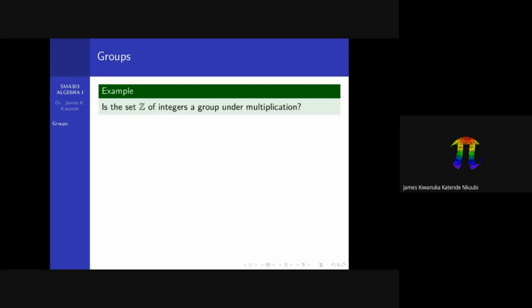So here is a question. Is a set of integers a group under multiplication? Does anyone have an answer to this? Anyone?